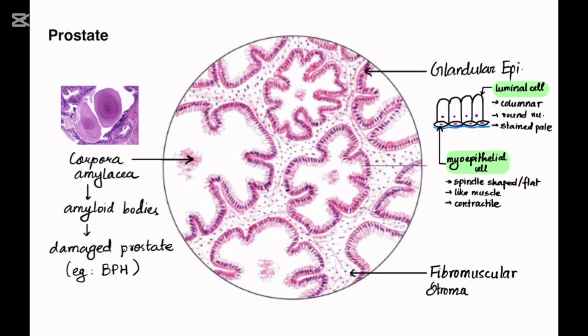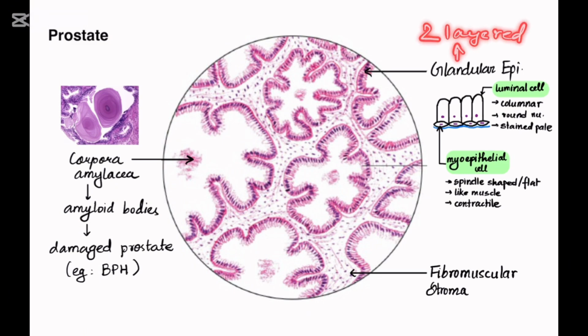If we look at a histological slide, we can see glands, and in between these glands, there's your stroma. Since the stroma is made up of fibers plus muscle, it is fibromuscular stroma. As for glands, they are convoluted, and the lining glandular epithelium is two-layered.